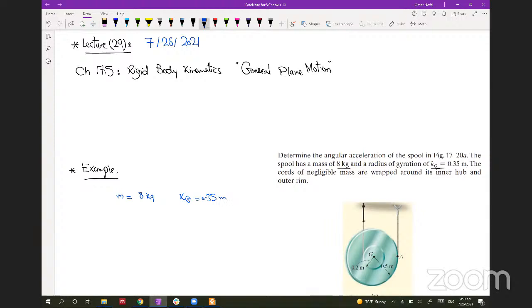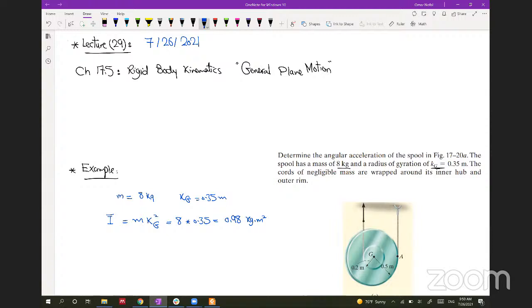If you want to get I bar, it's equal to m k squared, so it will be 8 kilogram multiplied by 0.35 squared, and this will be equal to 0.98 kilogram meter squared. So we got I bar. This is how we get it.